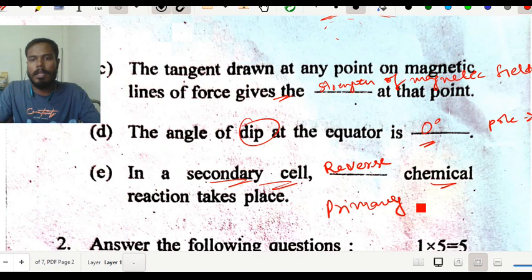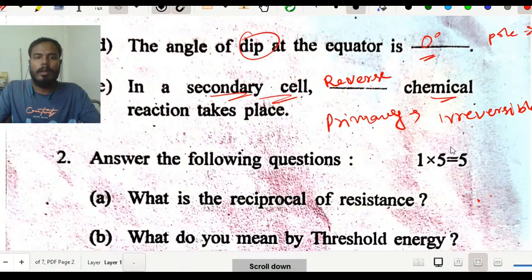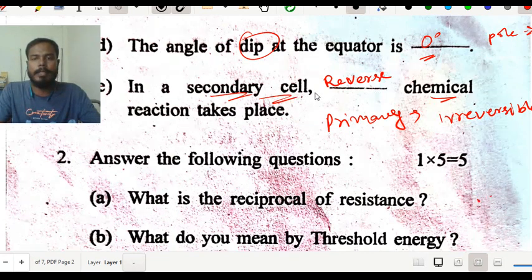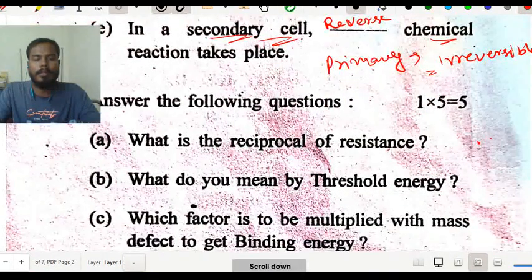The secondary cell can be charged, it is rechargeable, but the primary cell is not rechargeable. Question number 2, answer the following short questions.